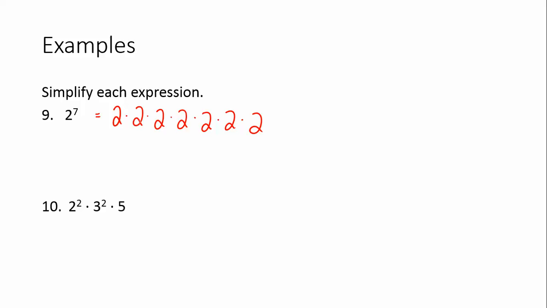Well, 2 times 2 is 4, times another 2 is 8, times the 4th 2 is 16, times the 5th 2 is 32, times the 6th 2 is 64, and times the 7th 2 is 128. Make sure you understand this is not 2 times 7. This is not 14. This is 2 multiplied 7 times. So that's 128.